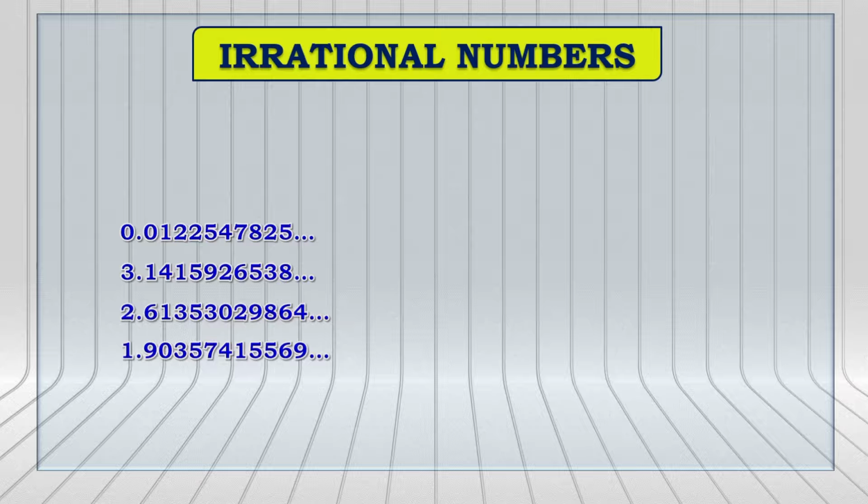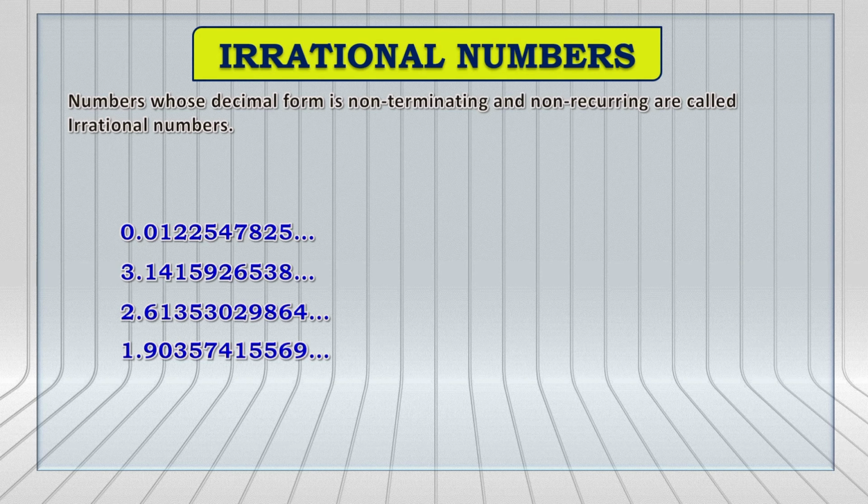So what is the definition of irrational numbers? Numbers whose decimal form is non-terminating and non-recurring are called irrational numbers.